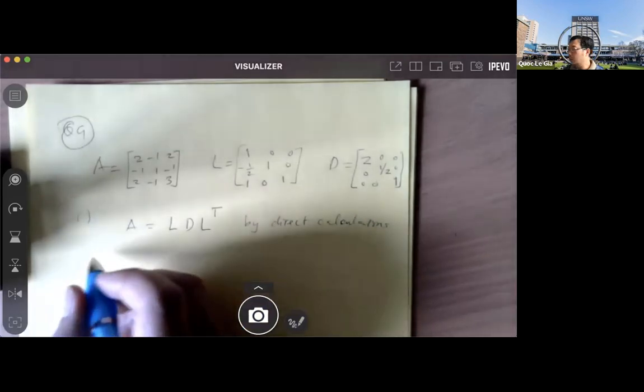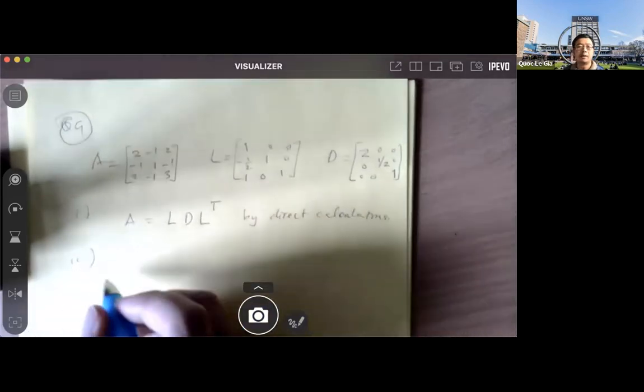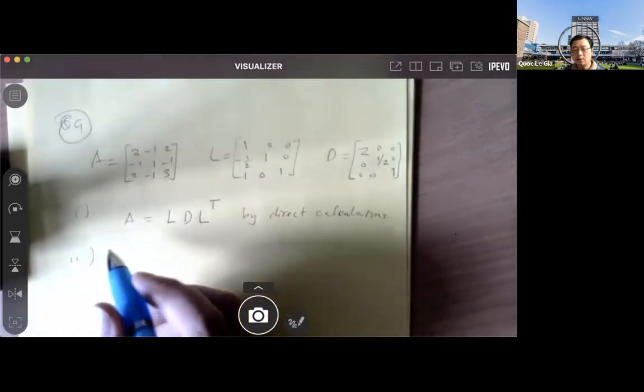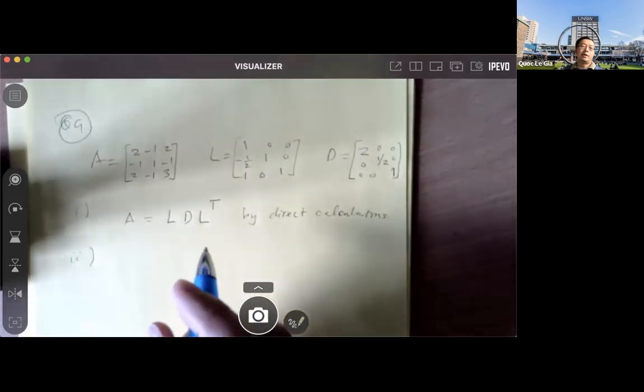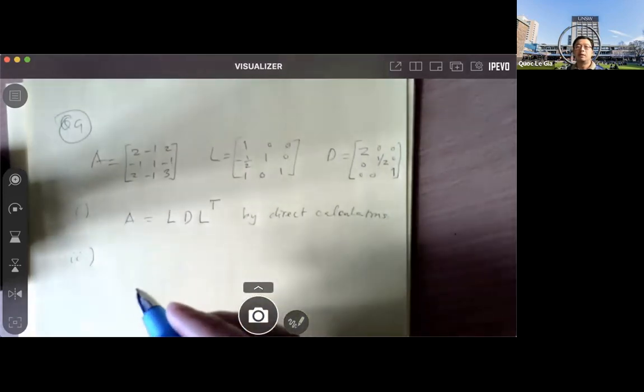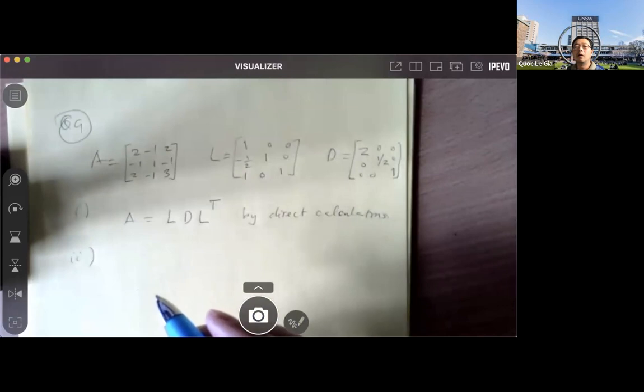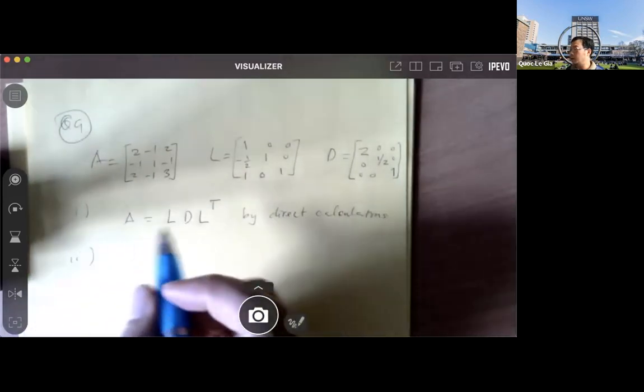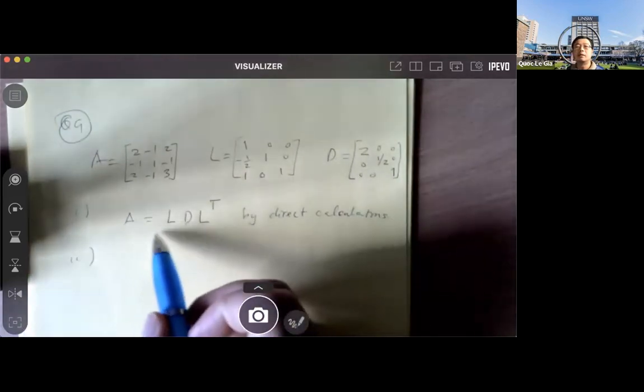And now the second part is find Cholesky factorization. So you see, in general, finding Cholesky factorization is a bit tedious, but in this case, yeah. So this is the second part.